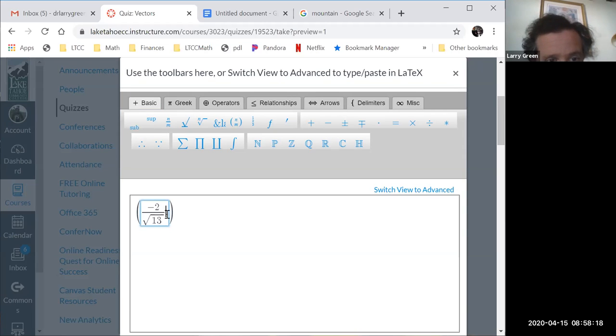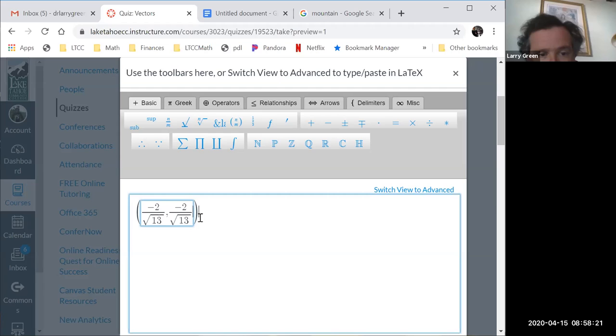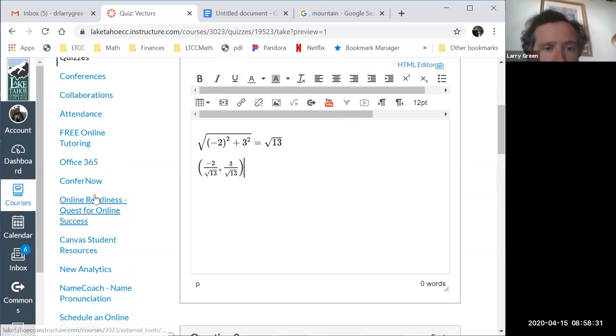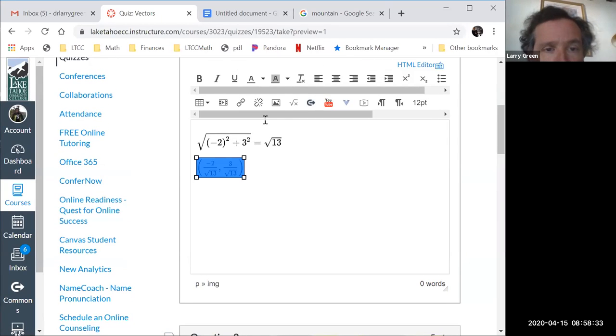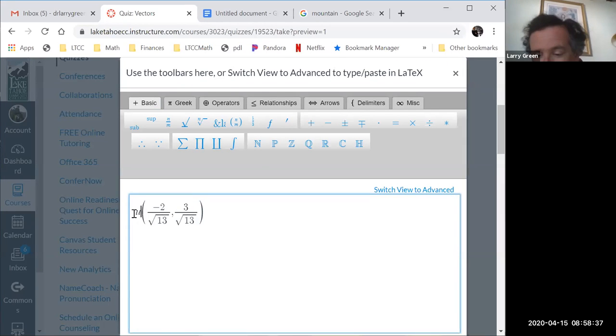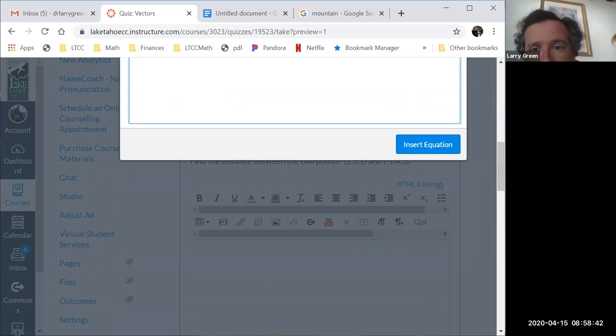Copy, paste, and change is a good trick. So instead of -2 over root 13, the second component will be 3 over root 13. And I guess I should call it U for unit vector. I like to use U for unit vector because it's the first letter.